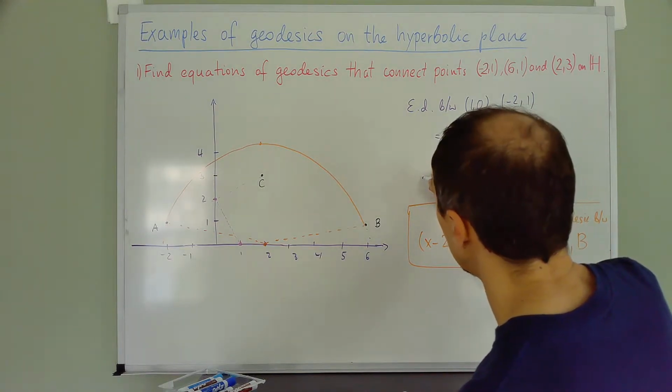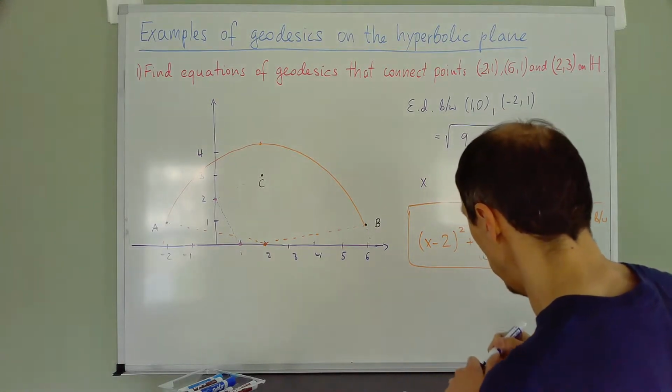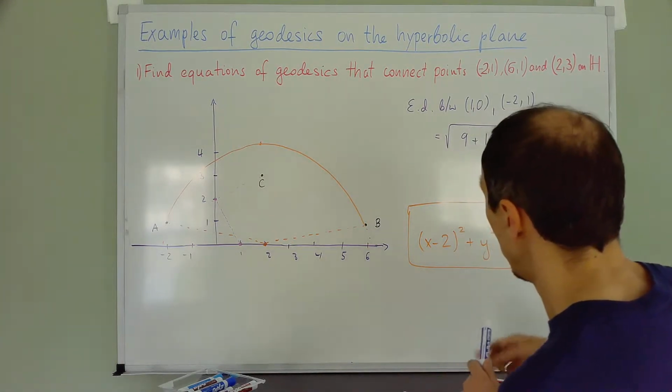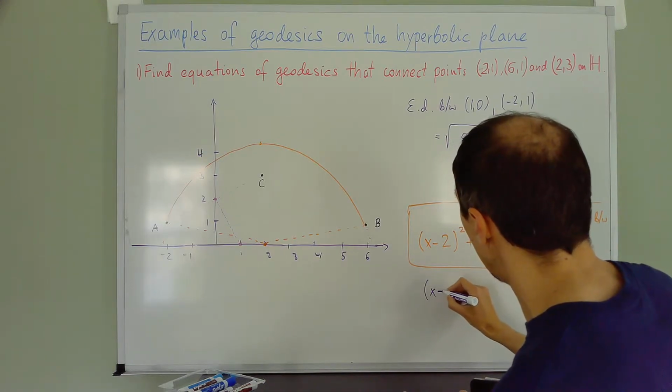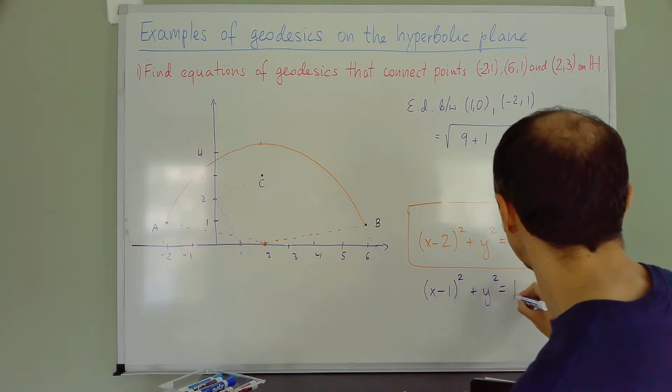Its equation, now that the center is at 1, I'll write underneath here: x minus 1 squared plus y squared is equal to 10.